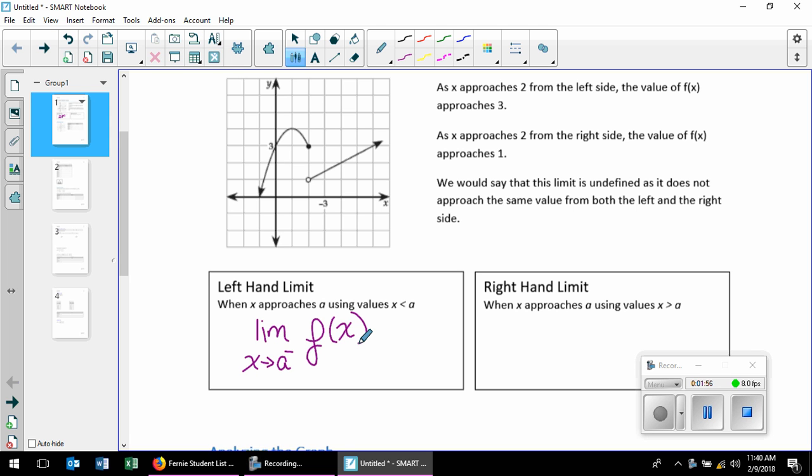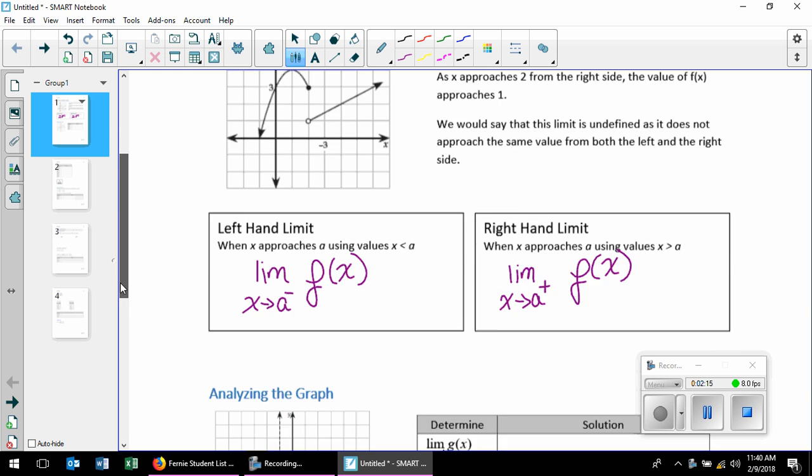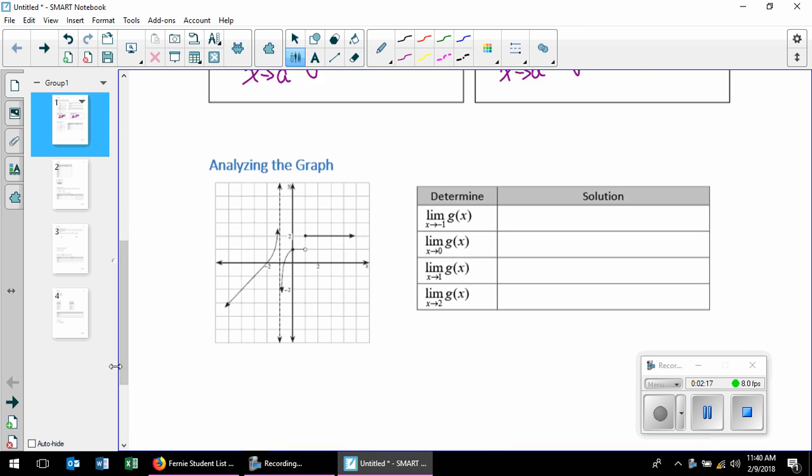And then the right-hand limit, similarly, is going to be x approaching some value, and it's going to have a positive. Again, it doesn't mean that the values are positive, it just means that you're approaching from the right side. Those are usually indicated as a positive direction. That's it, easy peasy.